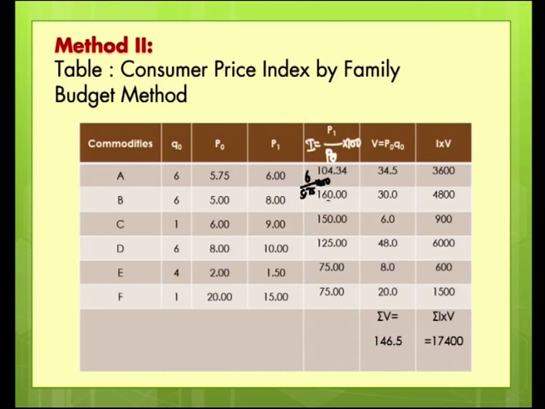Then IV value is 160 into 30 is 4800. Likewise, summation V is the totality of V values, 34.5 plus 30 plus etc. up to 20 gives you the value 146.5, and summation IV is the totality of this column, 3600 plus 4800 up to 1500, the value is 17400.